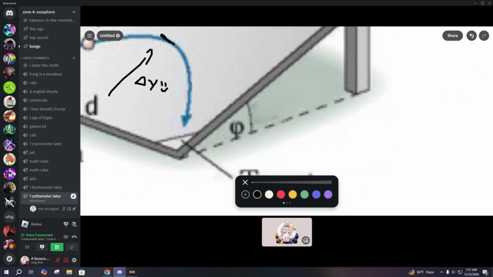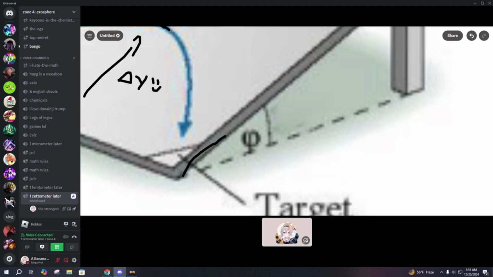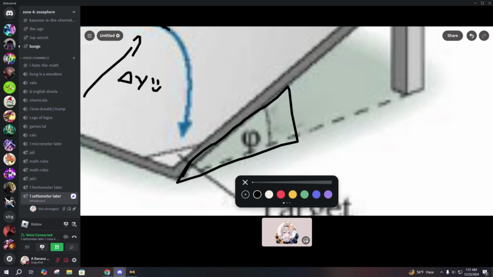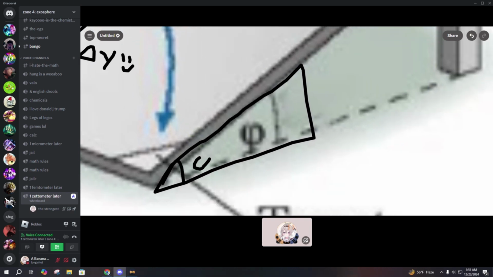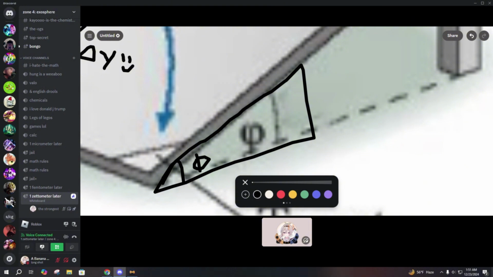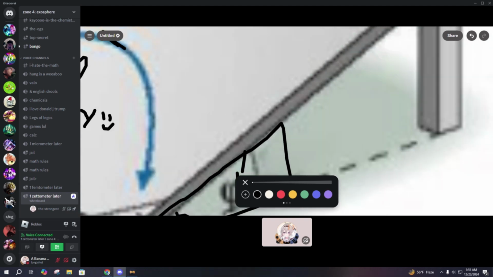Well, what is a, first of all? Since this is an incline, I know that the acceleration downwards is going to be influenced by FGY. Well, what's FGY? First off, this ramp is an incline, it has an angle phi, and FG is going to go downwards from the object I'm shooting.